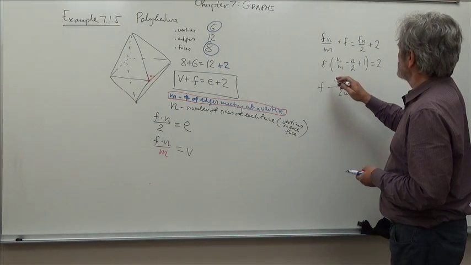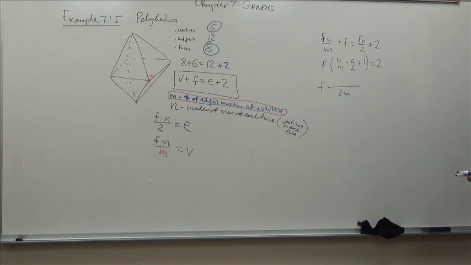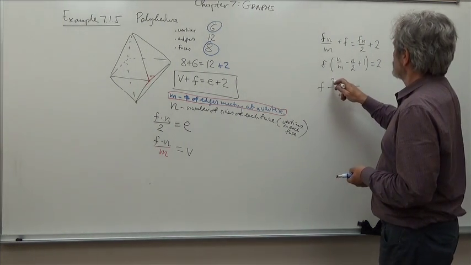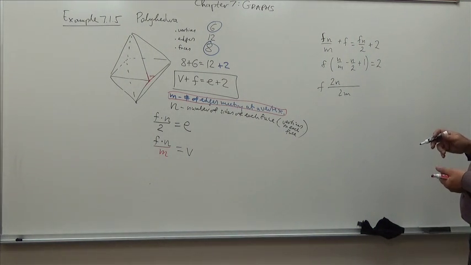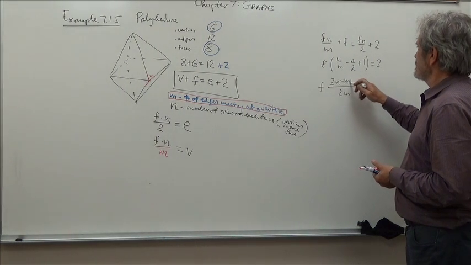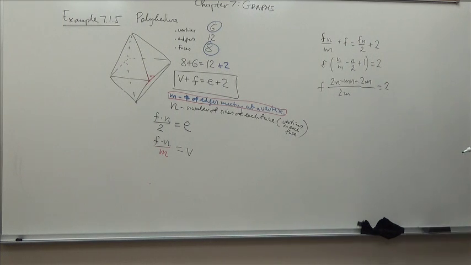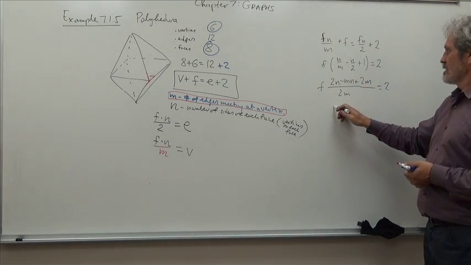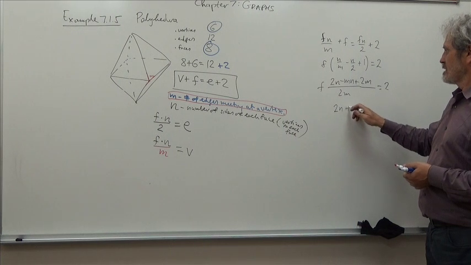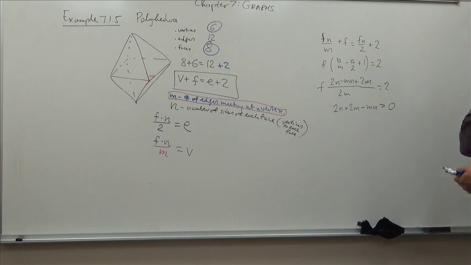So we get 2N minus MN plus 2M times F over 2M equals 2. And now, since F is a positive number and 2 is a positive number, we know that 2N plus 2M minus MN must be greater than 0.